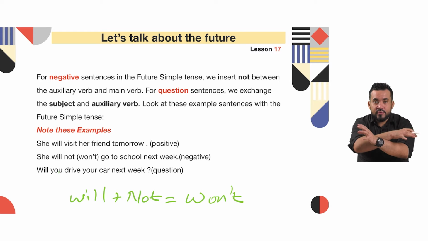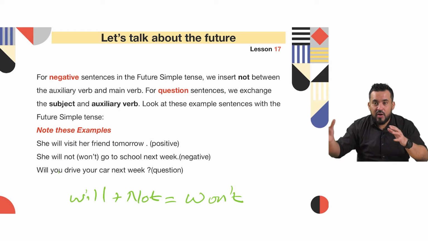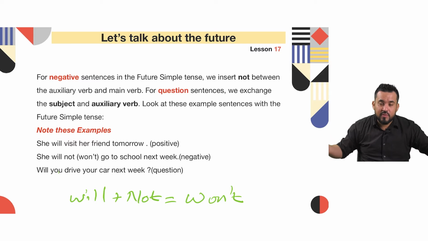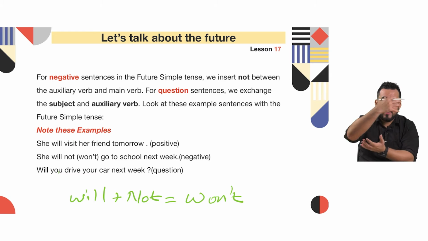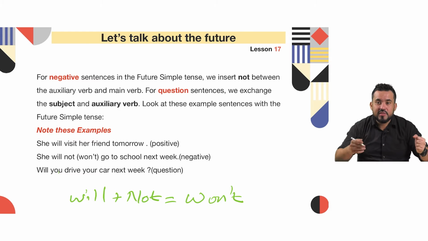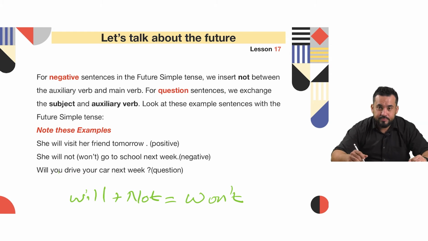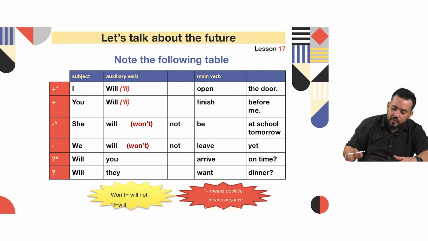We put the modal before the subject, it becomes a question. We put the subject before the modal, it becomes a statement or affirmative. Okay, so will you drive? You will drive. She will visit. Will she visit? She will not go to school. Will she not go to school?